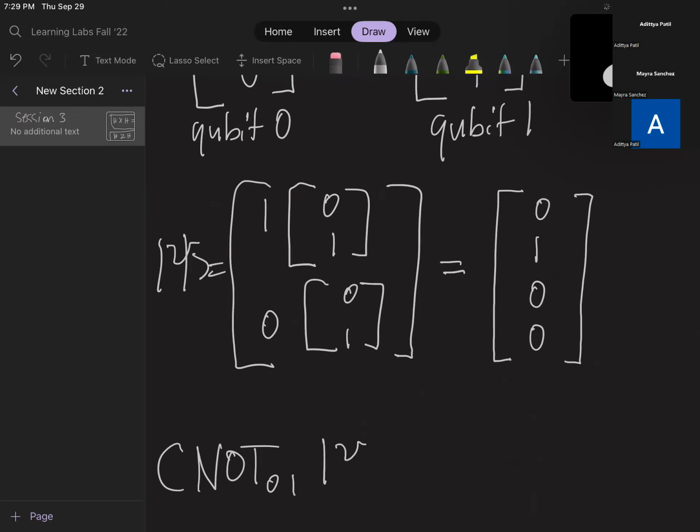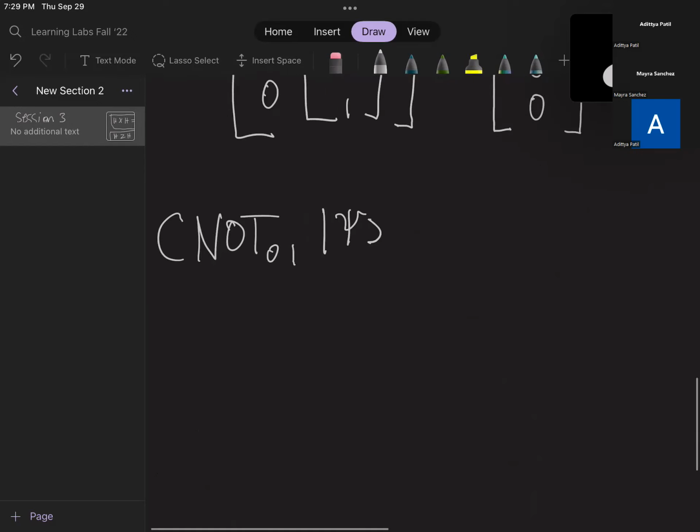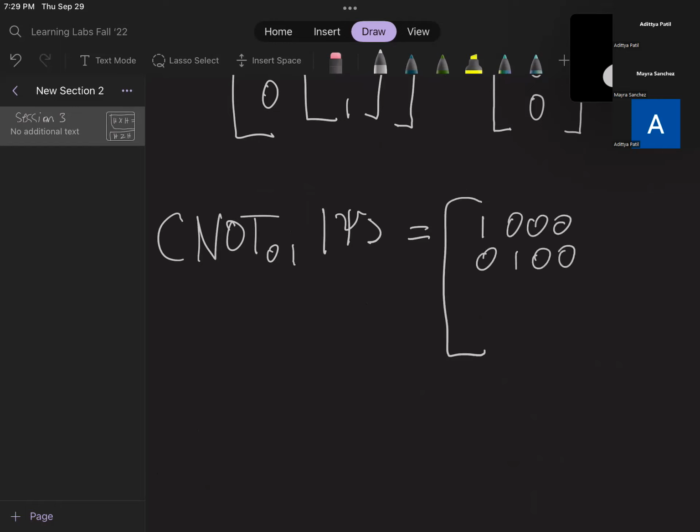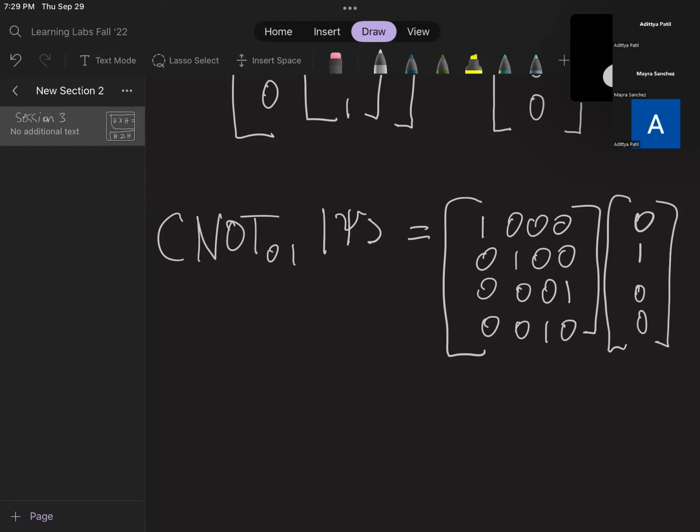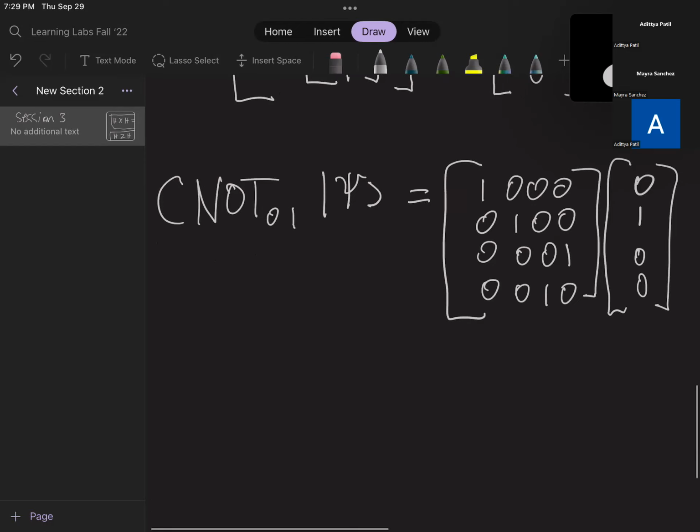So when we want to apply this, we can apply this to our state. And then from here, you just do basic matrix multiplication. So I'll do that real quick.